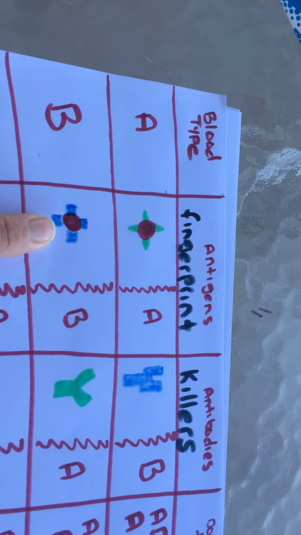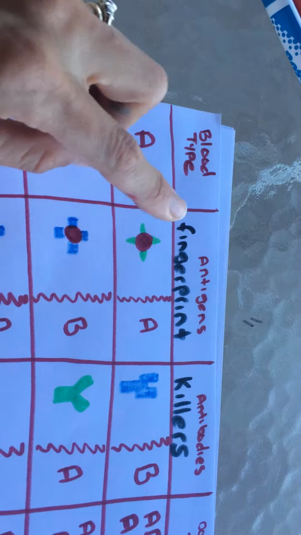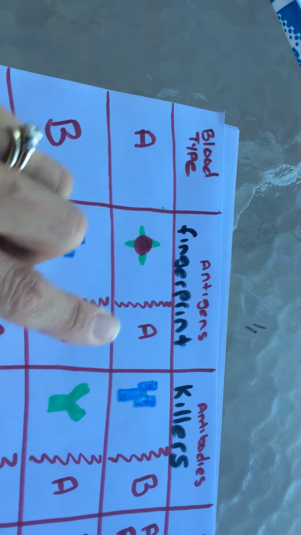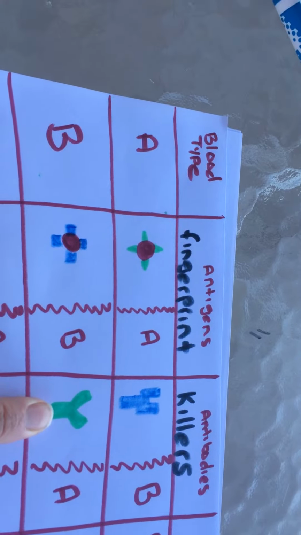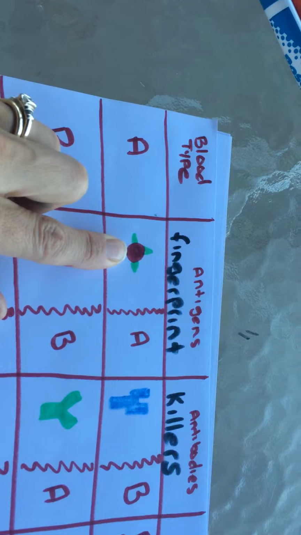However, if I'm blood type B and I accidentally get a transfusion of blood type A, you can see that my A antibody has a molecular match to that A antigen.